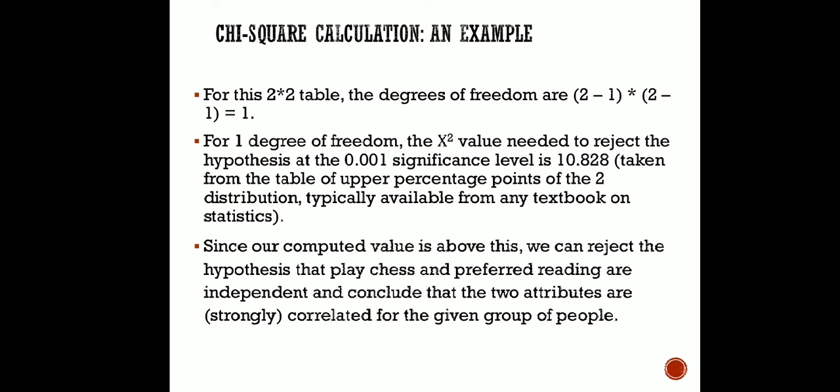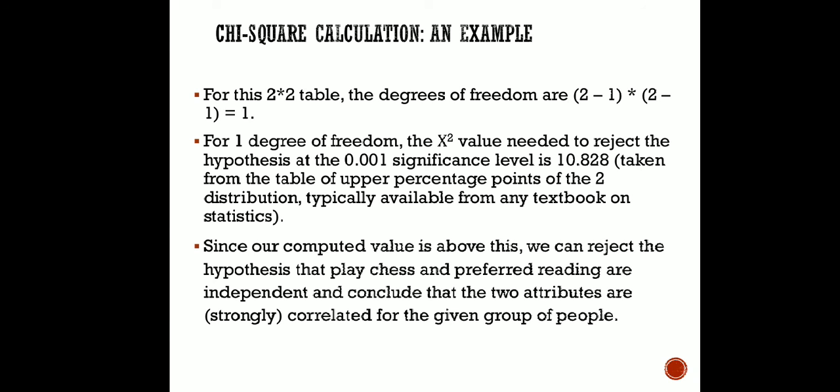There is one mistake in a slide: instead of 2 in the third line, it should be chi-square. There are some typos here. If the rejection is at the 0.001 significance level, the value should be 10.828, but our value is higher than that.